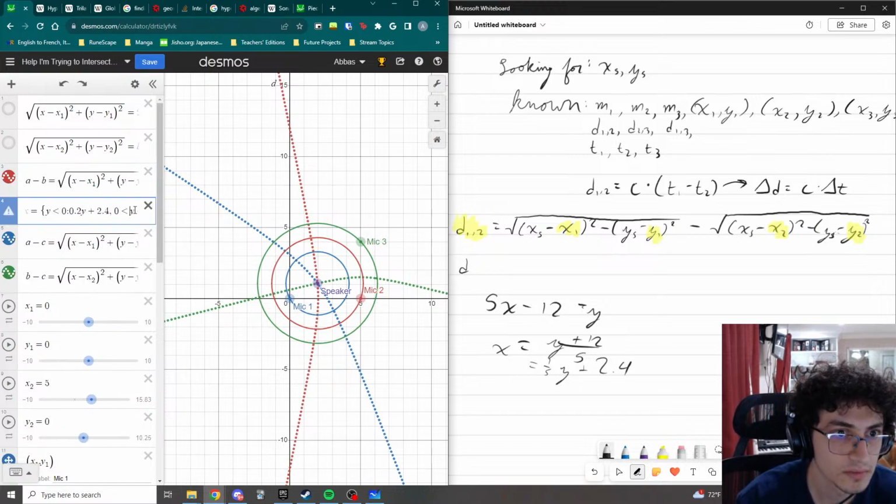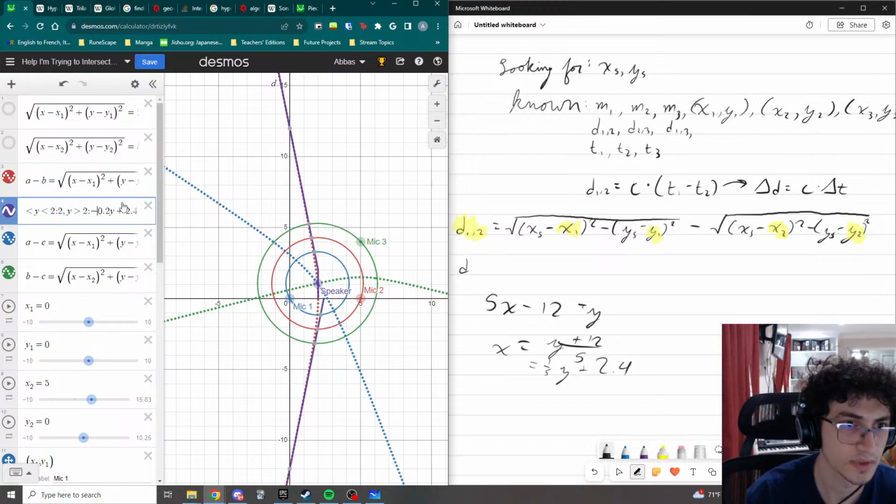No, my work. And then when y is greater than 2, we define it as the opposite of this, right? It's going to be negative, plus 2.4.